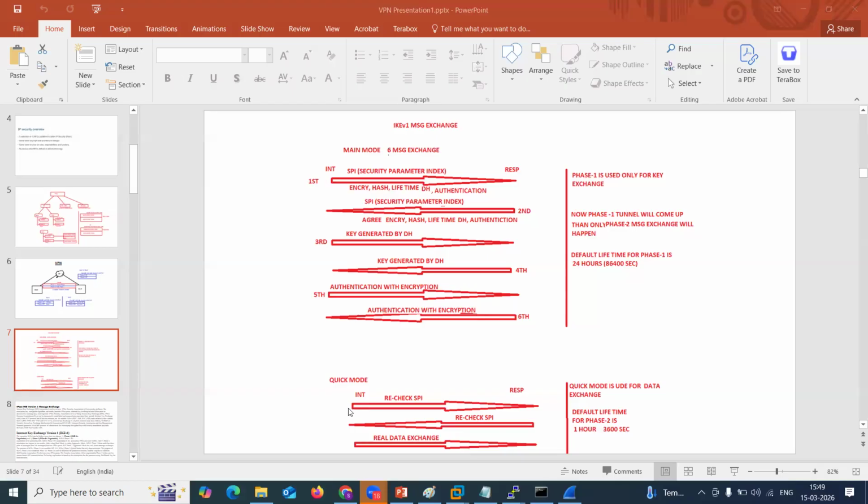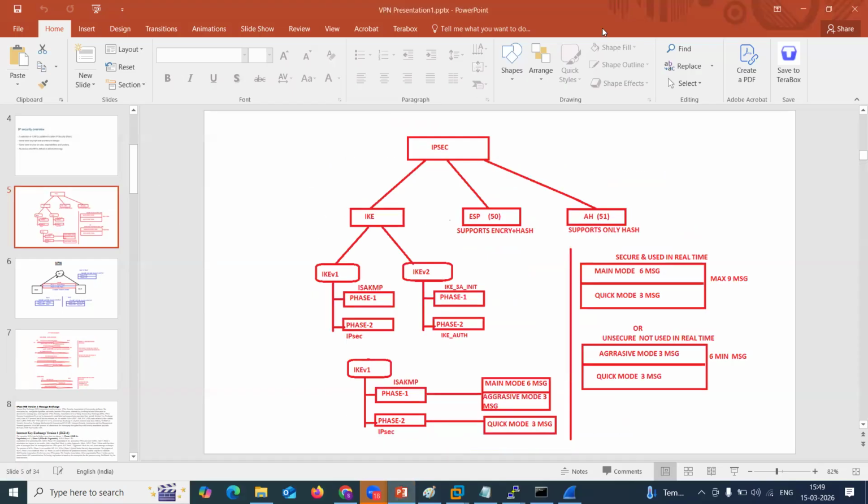I guess for today, this much is enough, because the next level of explanation we can have after doing research of main mode. Okay. So our target is to complete all these message exchanges, guys. Our target is to complete this part. Once we are done with this, after that we'll do practicals. After that only we can move to practical. So get ready with all this stuff.